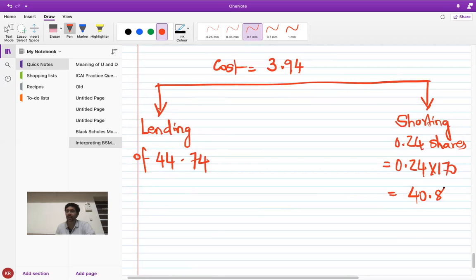And this was actually a cash inflow. Okay, 44.74 is a cash outflow and 40.8 is a cash inflow, right?